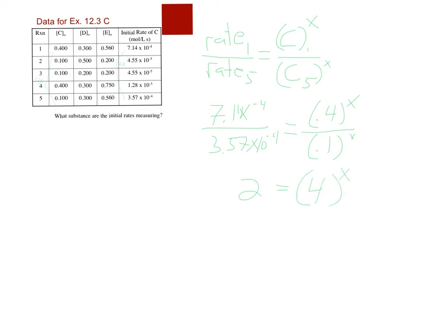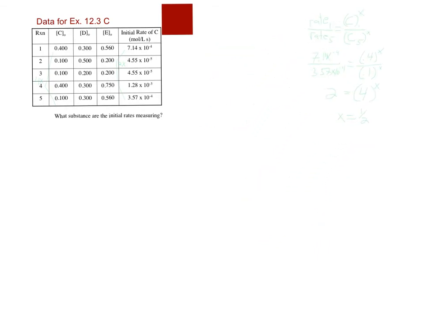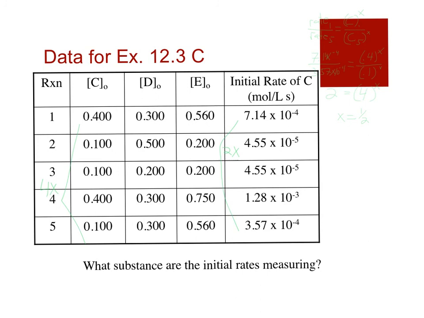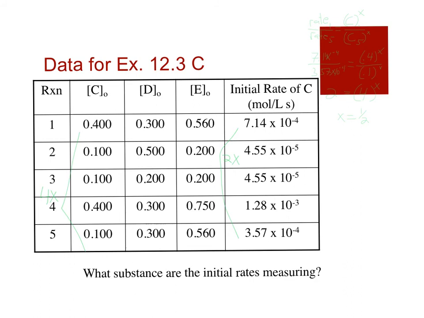And that's a square root. So my exponent here is actually a 1/2, and we're allowed to do that. It's a 1/2 exponent. So my generic rate law is going to have a 1/2 exponent for C. So I'll just go ahead and write that up top. C to the 1/2 power.